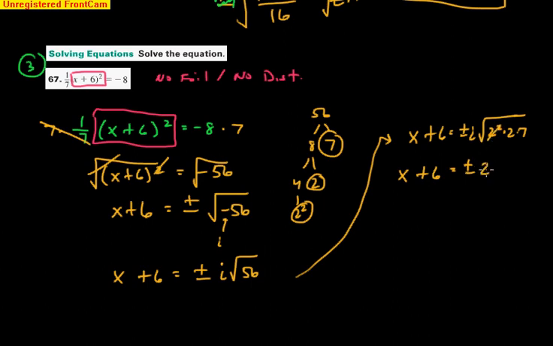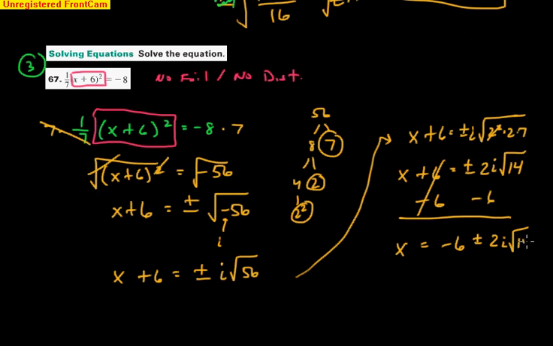When the 2 comes out, it goes away inside the square root, and we're left with 2 times 7 inside, which is 14. Finally, to get x by itself, we subtract 6 from both sides. The 6 goes away in front of the plus or minus. So we get -6 plus or minus 2i radical 14. And there are the two solutions for this problem.